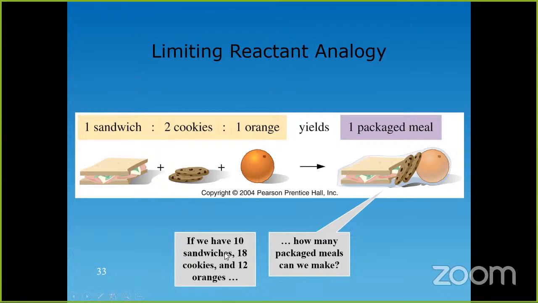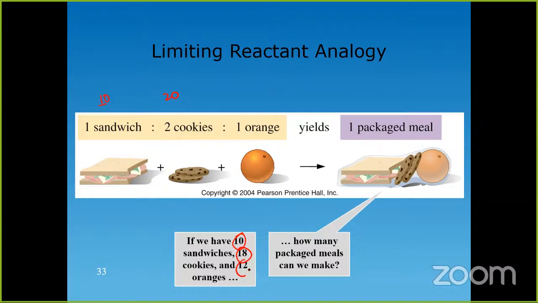Now, let's say we look at things from the standpoint of the sandwiches, right? If you have 10 sandwiches here, then the number of cookies based on this ratio that you're going to need will be 20 cookies, right? But we do not have 20 cookies, we have 18 cookies, right? So therefore, we cannot use the sandwiches to determine how many packaged meals you're going to get because you simply do not have enough cookies.